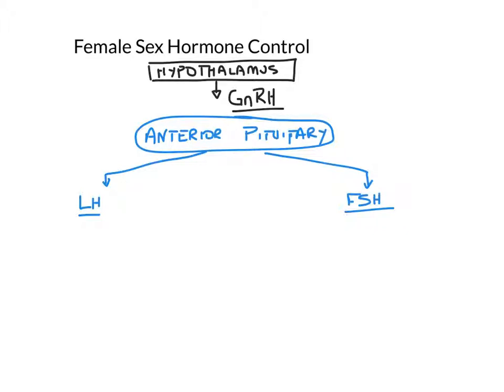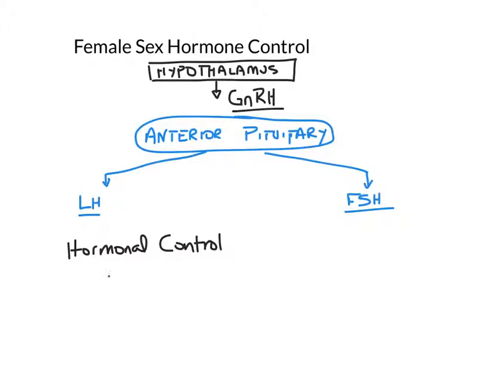But unlike the males, the females are a little bit more complicated because they have the menstrual cycle, and in terms of hormonal control, they have three different aspects of the menstrual cycle. Okay?